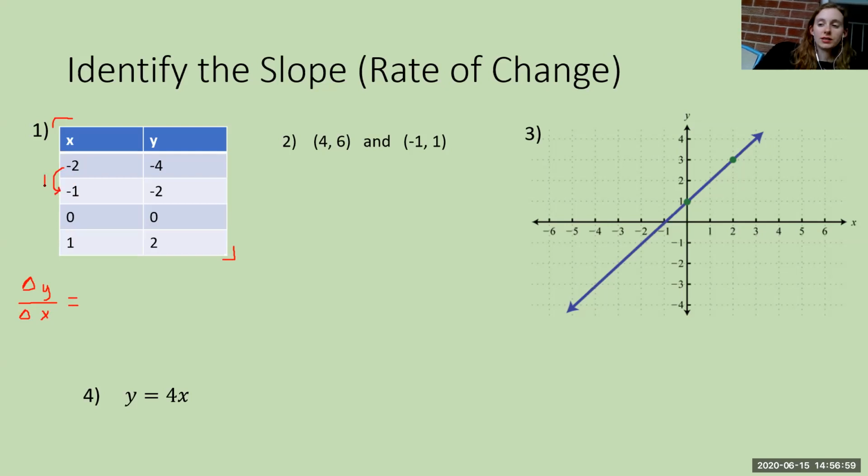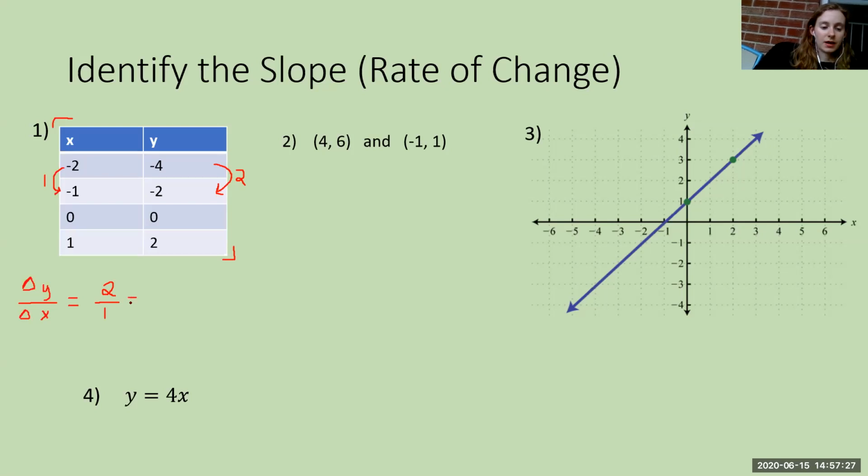I have increased by 1. That is a change of +1 for my x's. And then going from -4 to -2, that is an increase of 2. So that's a change of positive 2 because I've increased by 2.